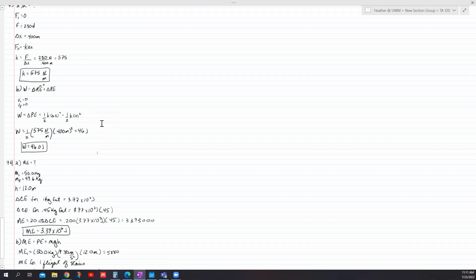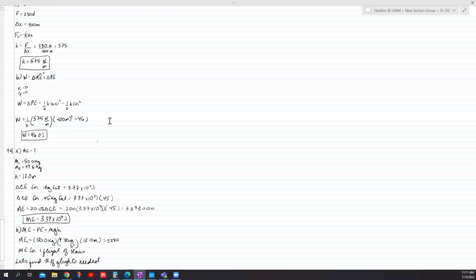We know that potential energy of our bow is going to be 1/2 k x squared. Delta PE is going to be 1/2 k delta x squared. Initial x is going to be 0. We're going to plug in what we know: 1/2 times 575 that we solved for up here times 0.4 squared, and we get 46.0 joules.